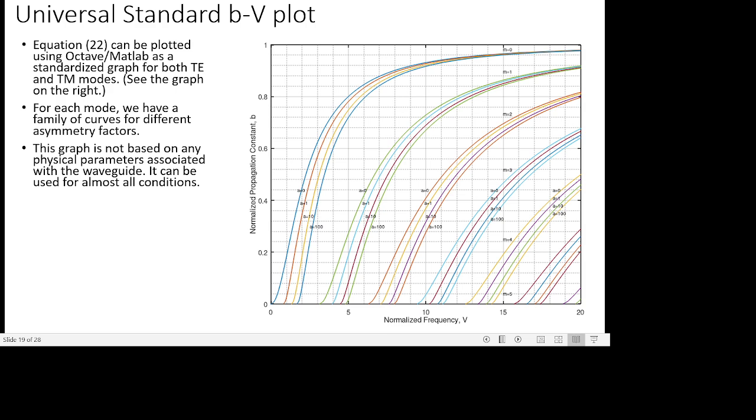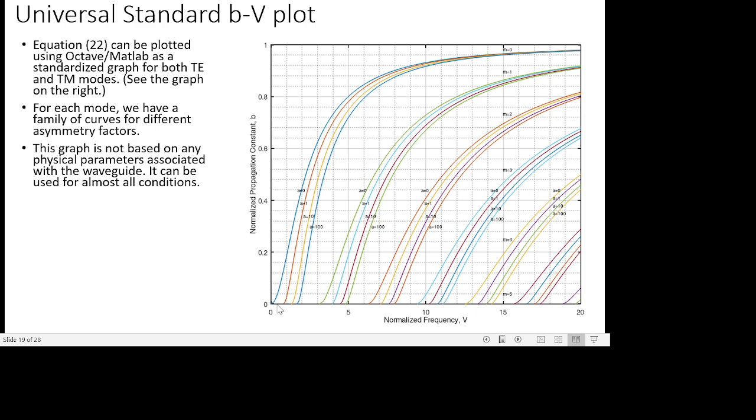So the starting value of alpha is when b is 0. b is 0 represents the condition where the wave number of the propagation mode in the direction of propagation is going to be the same as the k number, the propagation constant, for the surrounding material. This is the condition of unguided mode.